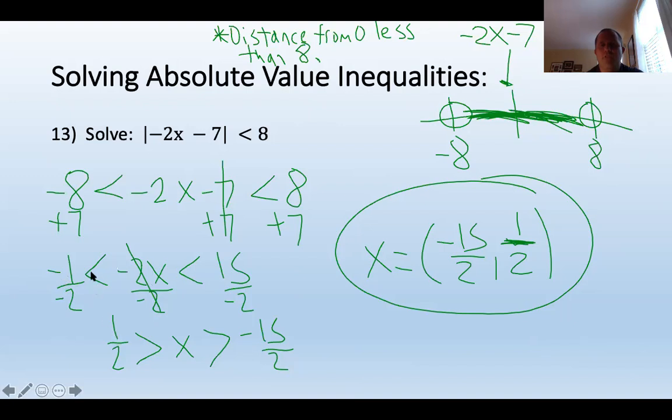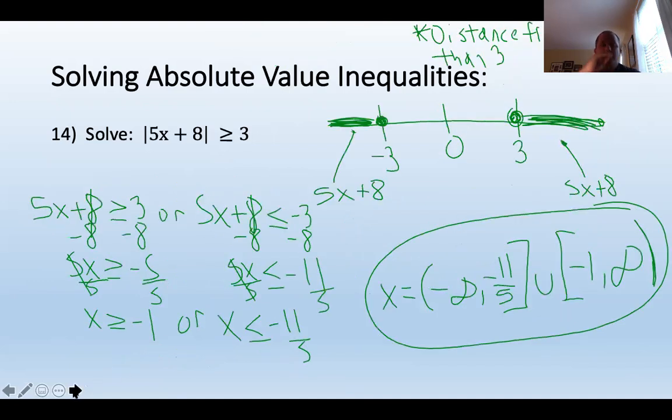But then the inequality symbol flips, and then you have 15 over negative 2 is just negative 15/2, and that inequality symbol flips. So what you're left with is that x is greater than negative 15/2 and less than 1/2. So the solution to this equation is parentheses negative 15/2, comma, 1/2 parentheses.